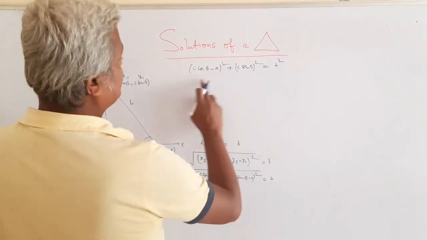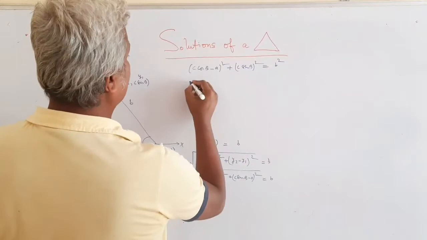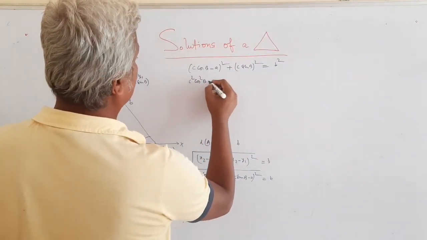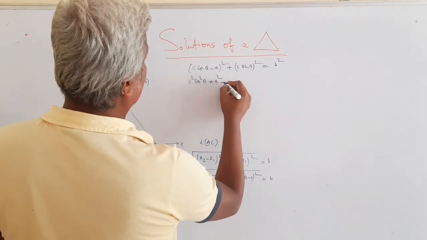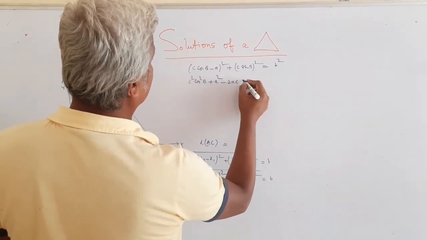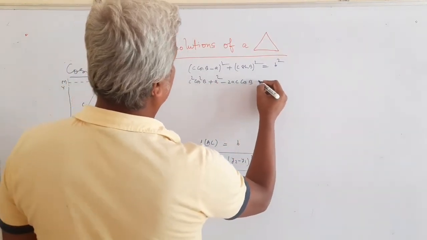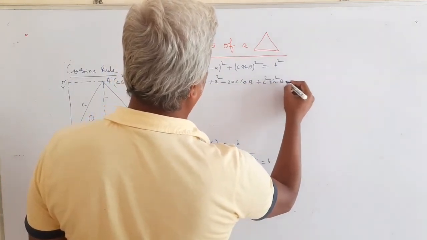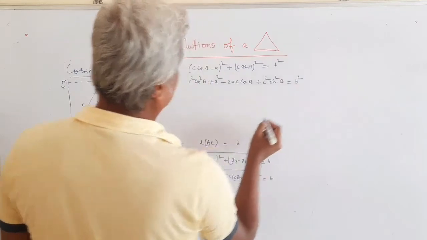Expanding (a minus b) whole square, we'll get c square cos square B plus a square minus 2ac cos B plus c square sin square B is b square.